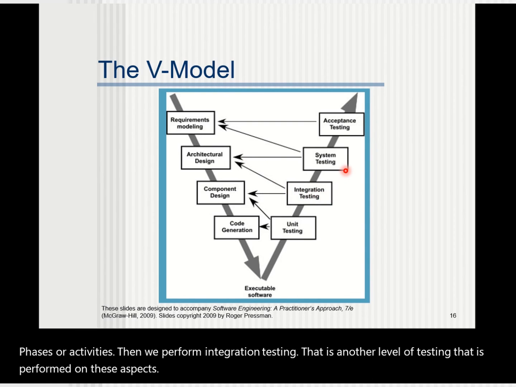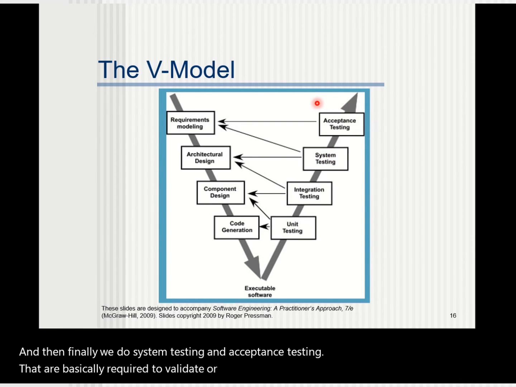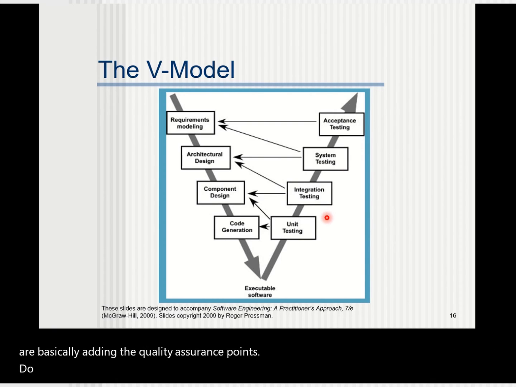And then finally we do system testing and acceptance testing that are basically required to validate or verify the customer requirements. So in this variant, we are basically adding the quality assurance points to the simple waterfall we have learned in our last section.